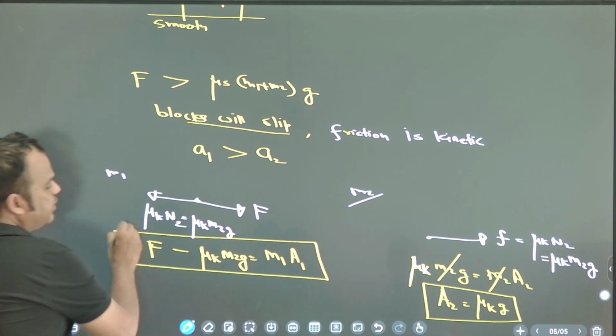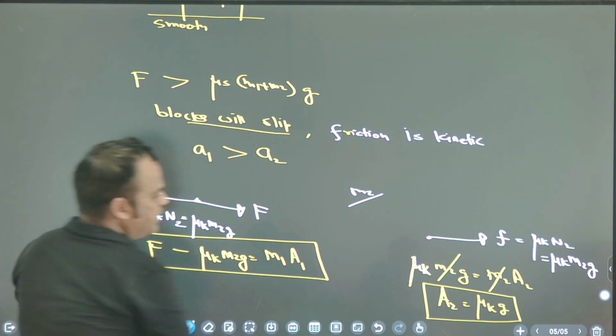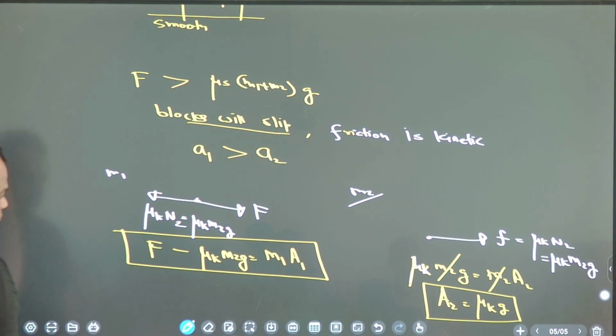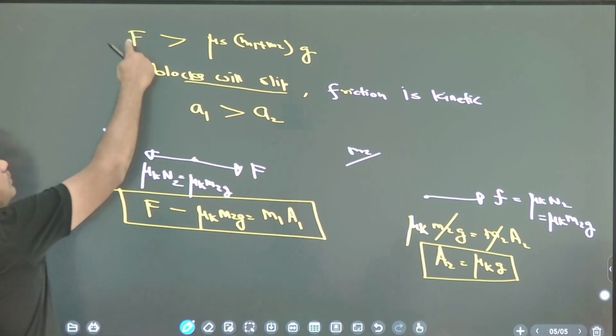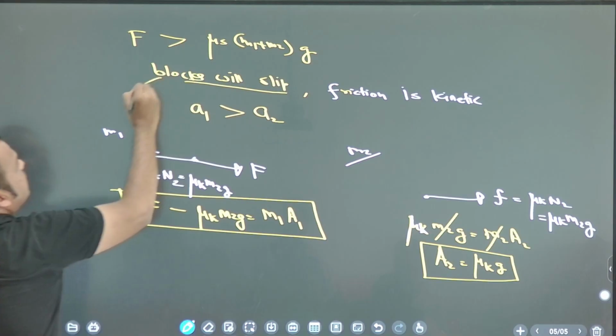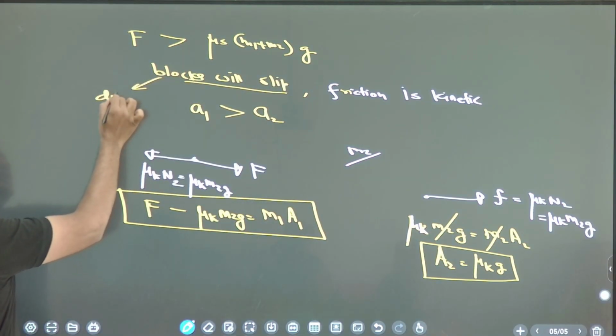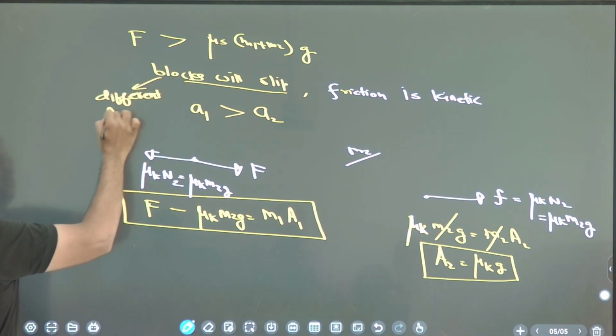So you will get A1 using this, okay, and A2 is this. If force is greater than this, the blocks will slip. Block slipping means different acceleration. Acceleration is not the same.